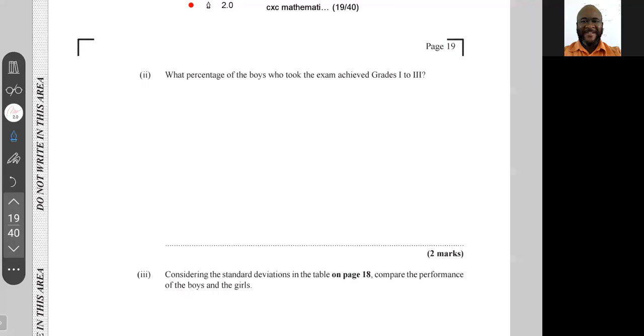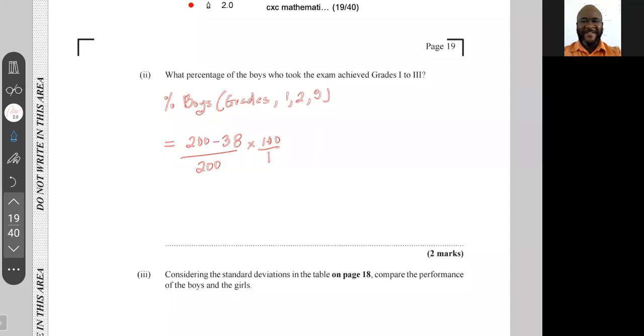So what percentage of boys got grades 1, 2, and 3? It's 200 minus 38 over 200 times 100.